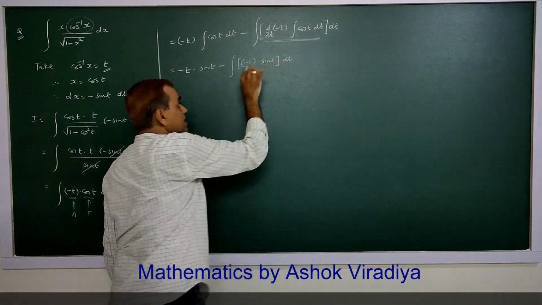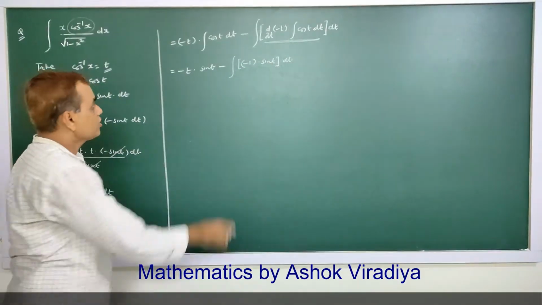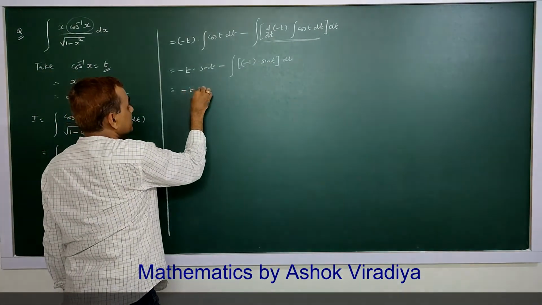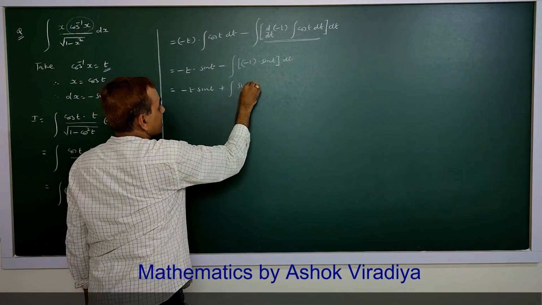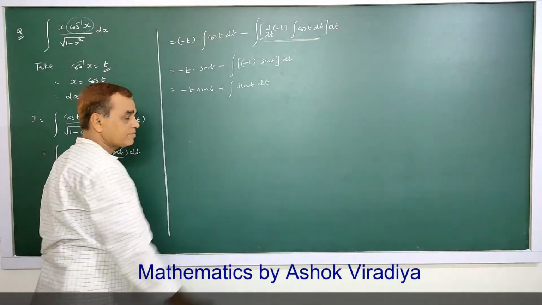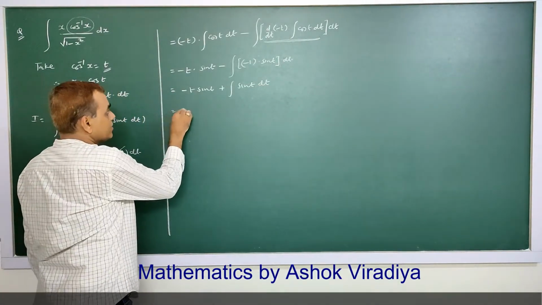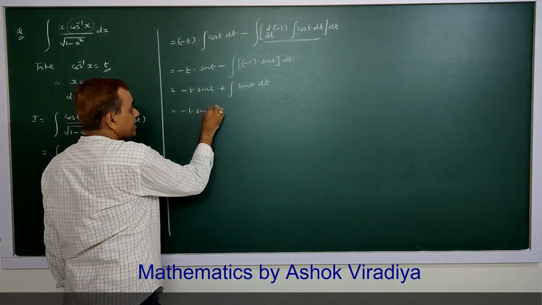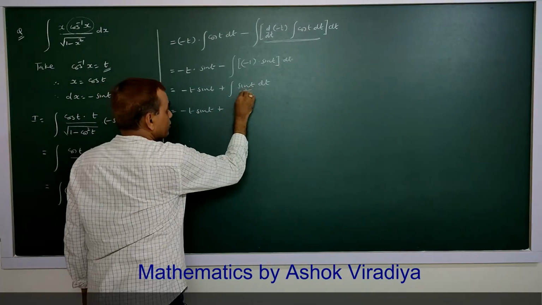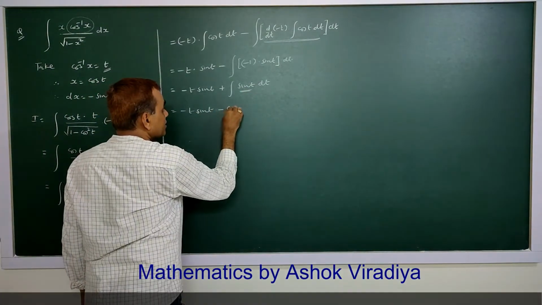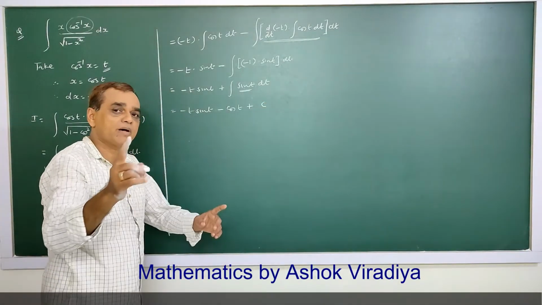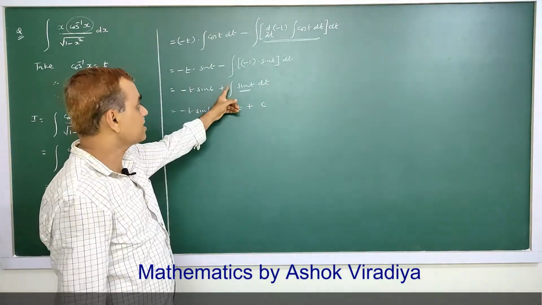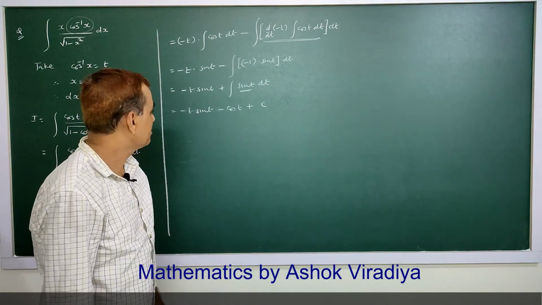Integral of cos t is sin t. So this is minus t sin t plus integral of sin t dt. So that is minus t sin t plus integral of sin t, which is minus cos t, plus c. Keep c at last when you remove the last integration symbol.